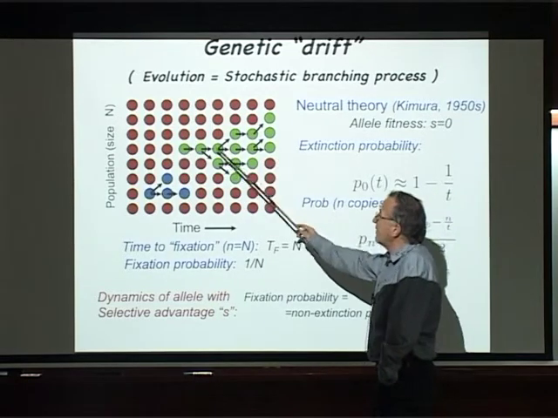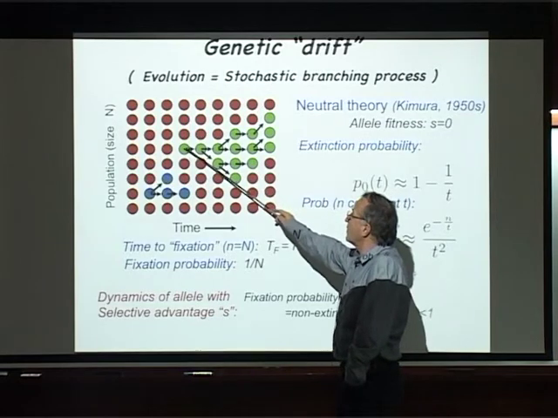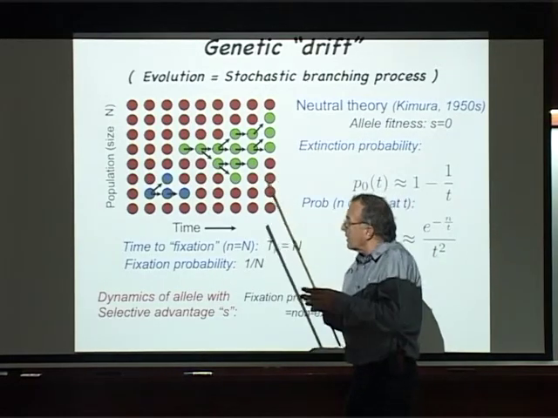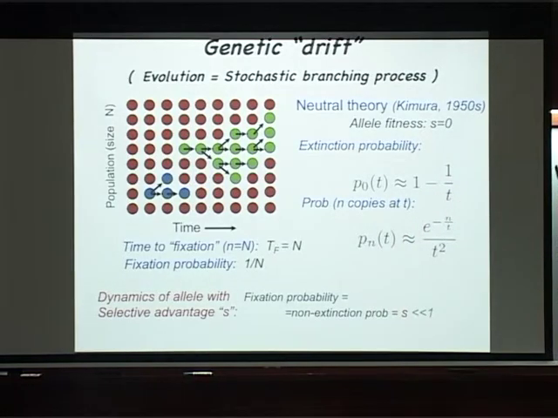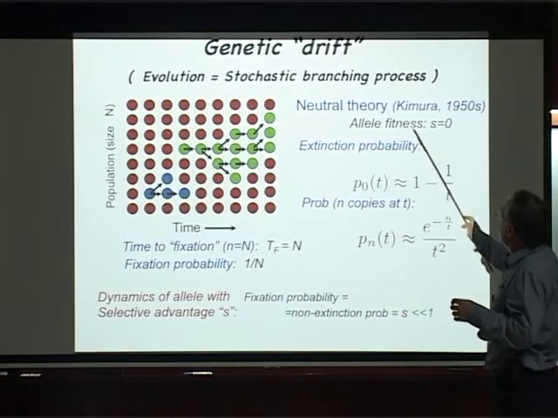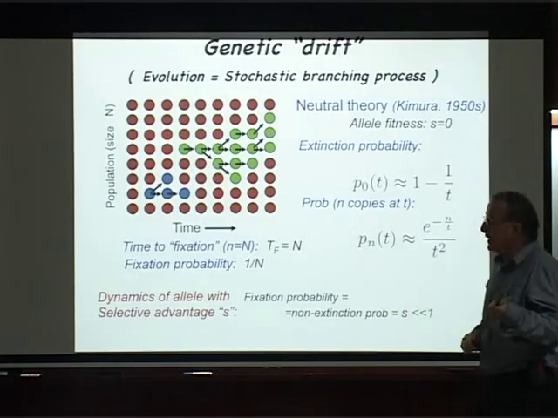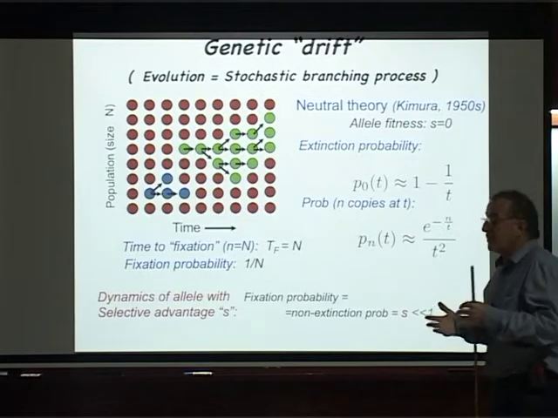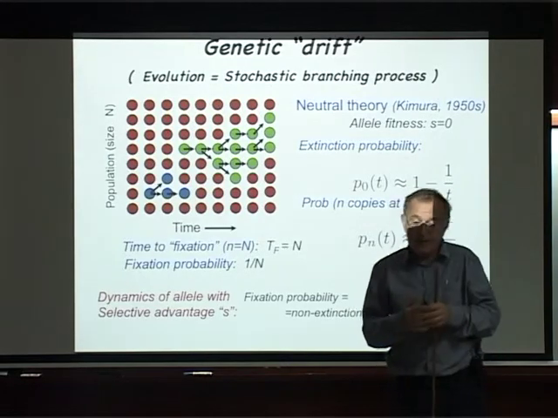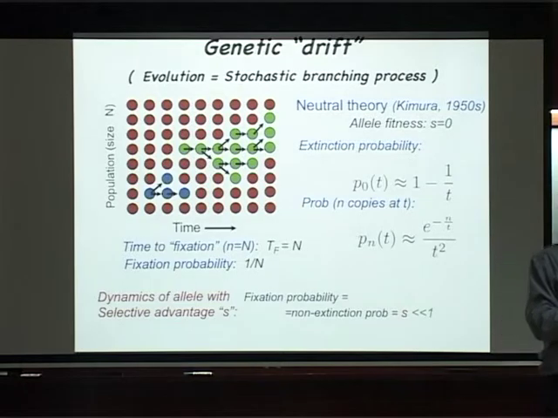So first, one wants to consider the stochastic fate of even a neutral mutation. That was worked out by Kimura in the 50s. And the logic was basically the following. The thought was that beneficial mutations grow in number, grow in frequency, and fixate.